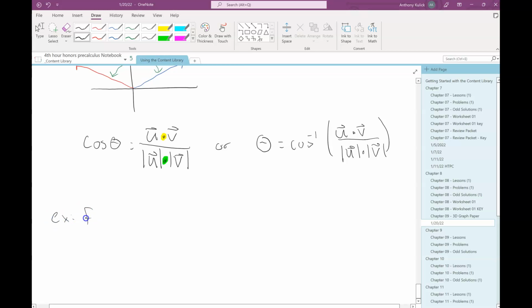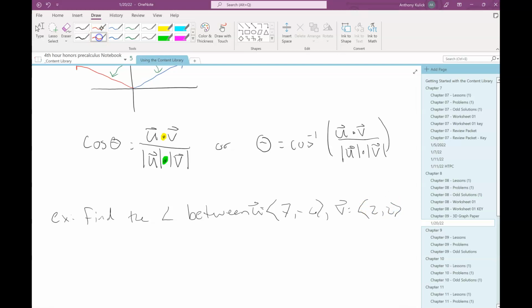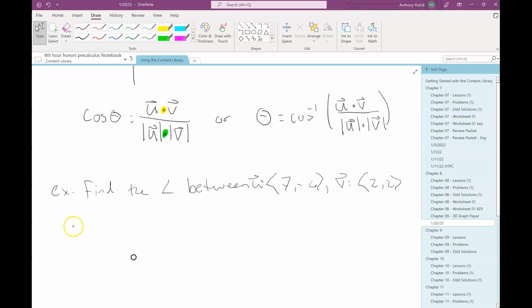But let's say we want to find the angle between 7, -6 and 2, 2. So there are 3 things I'm going to need. I'm going to need the dot product of u and v.